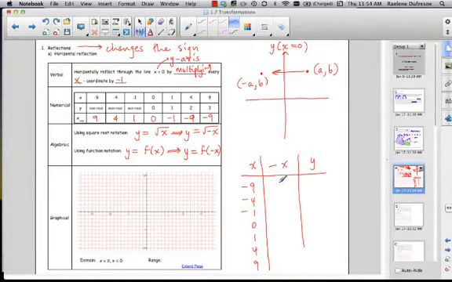So the new x-coordinates become 9, 4, 1, 0, -1, -4, -9. And then in order to take this new x-coordinate and get the y value, we take the square root of the new x-coordinate. So the square root of 9 is 3, then 2, 1, 0, and then these are all non-real.